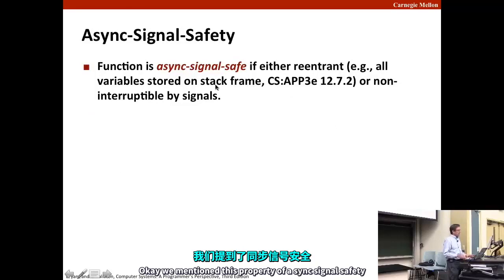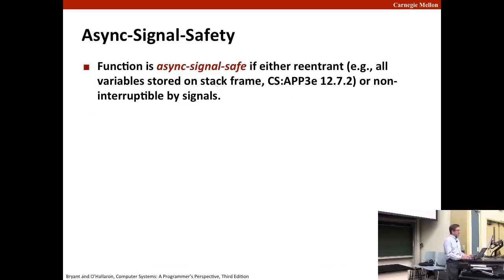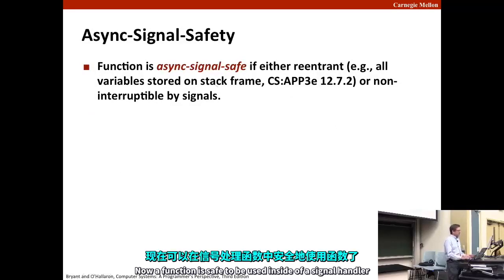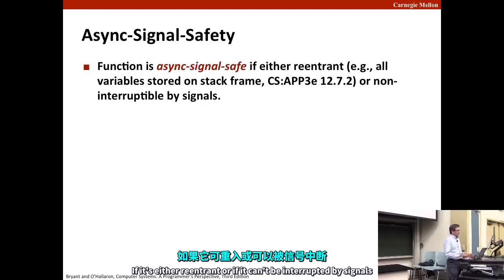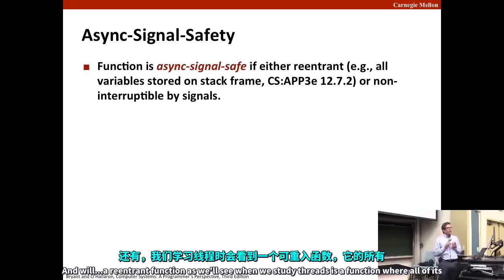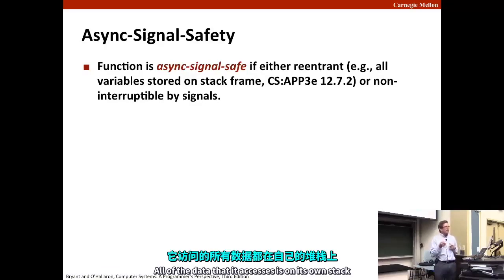We mentioned this property of async signal safety. A function is safe to be used inside of a signal handler if it's either reentrant, or if it can't be interrupted by signals. And a reentrant function, as we'll see when we study threads, is a function where all of the data that it accesses is on its own stack.